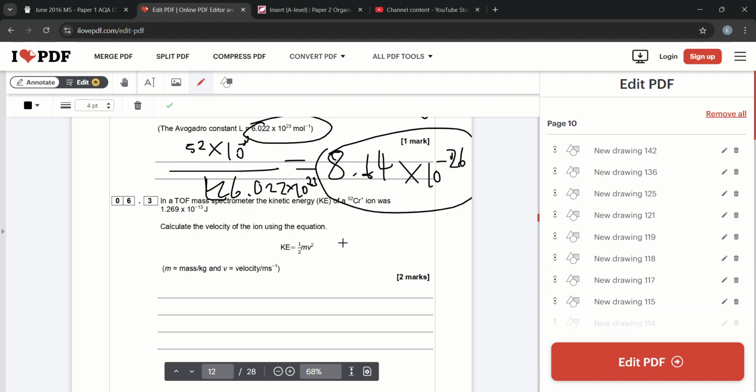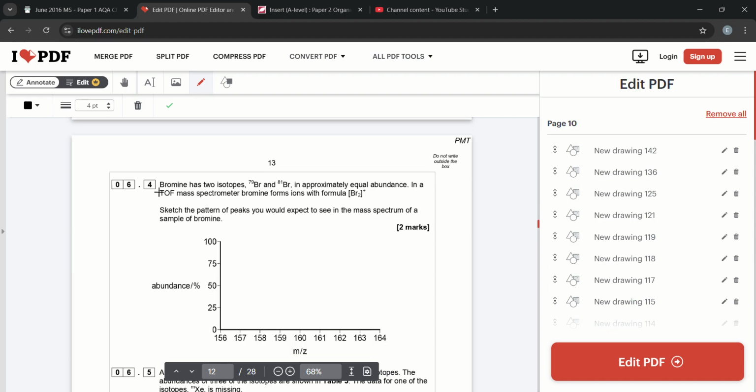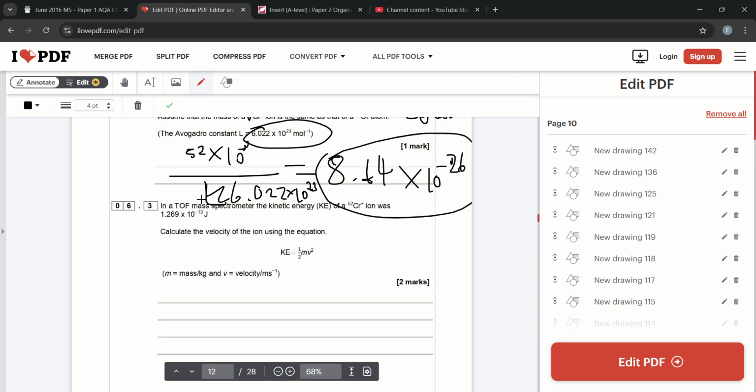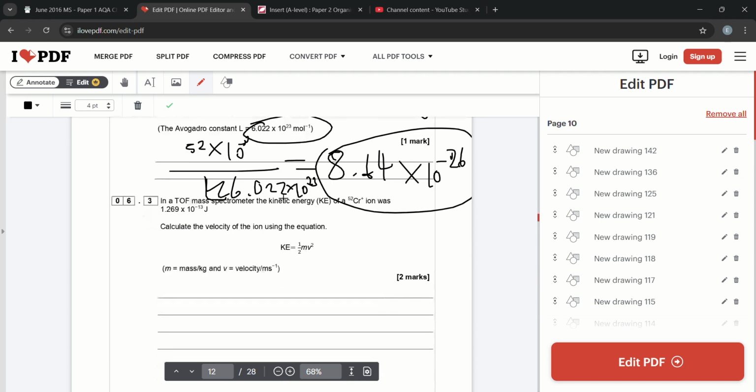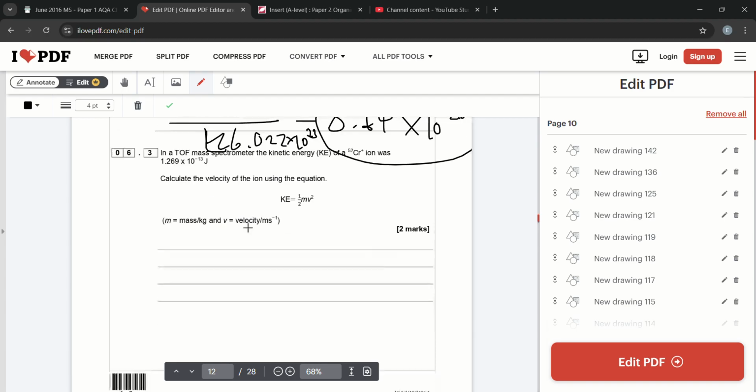6.3. In a time of flight mass spectrometer, the kinetic energy was given. First step, times both sides by 2, so I get 2KE equals mv squared.